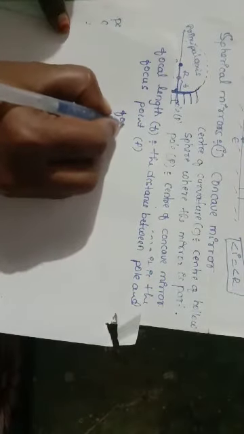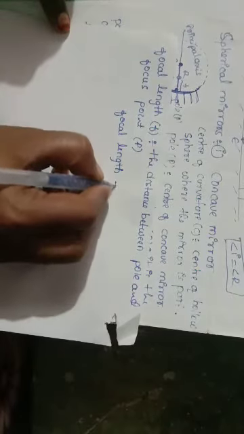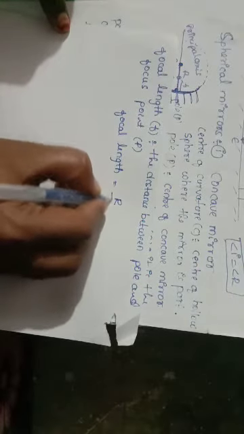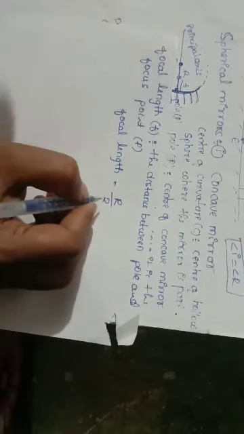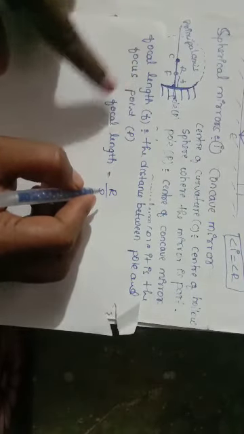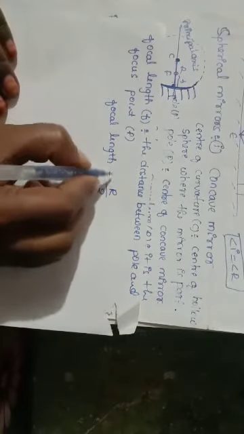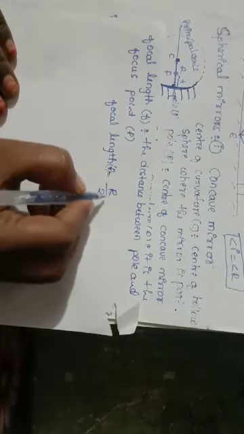Focal length is equal to r by 2, radius by 2, because we said this focus point is exactly between the center of curvature and the pole. So the focal length small f is equal to r by 2. This is about the concave mirror.